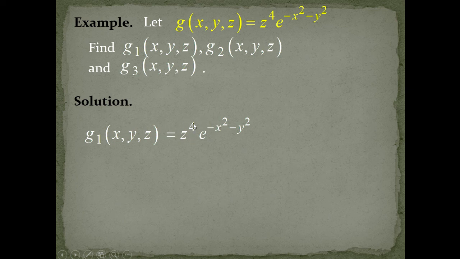All right. So with respect to x, this means that this one is a constant. That's why we just write it in this way, and then take the derivative of e to the u. So it is in the form of e to the u. Remember that the derivative of e to the u is equal to e to the u, right?